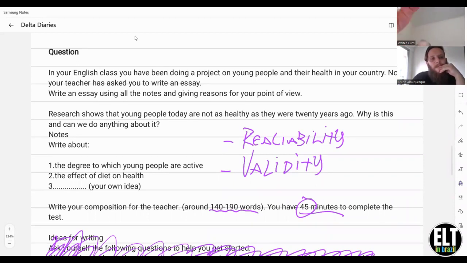You have to understand the differences between them, even though you may not use this metalanguage as you write. In the first mocks I took for this, I was always concerned about using metalanguage, using reliability and validity in every one of the points I was doing. And it's really not necessary. But still, you have to understand those.